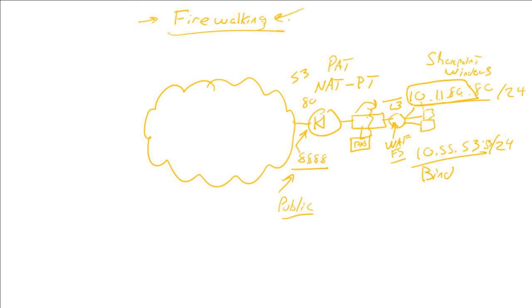So firewalking is the process of using TCP traceroute, which we just learned, and we're going to the same IP address. In this case, I just made up the IP of 8.8.8.8, and I see that if I connect there on port 80, maybe it's 11 hops. And if I connect there on port 53, it's 9 hops.